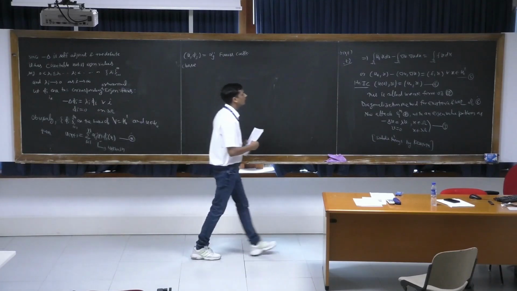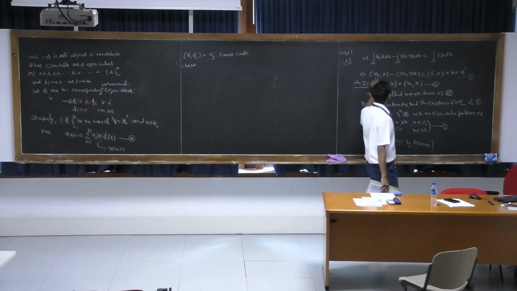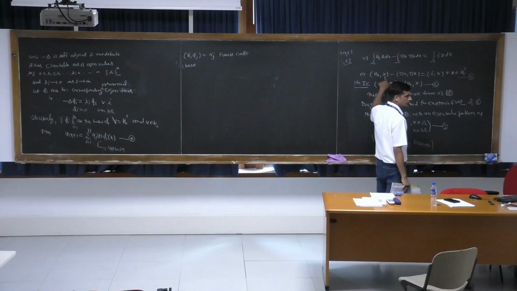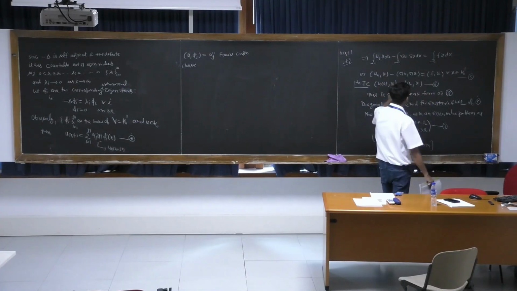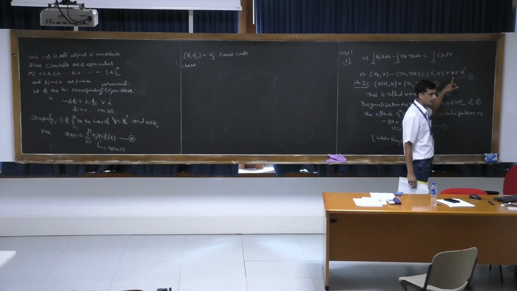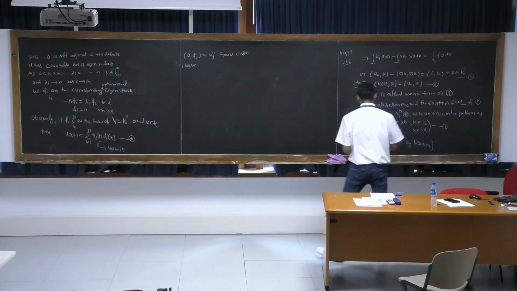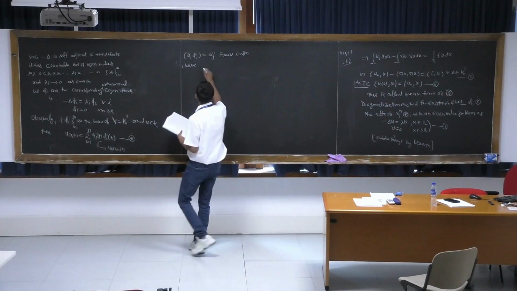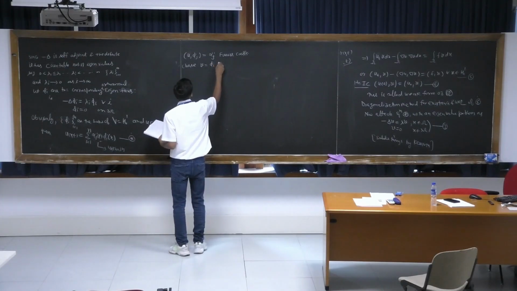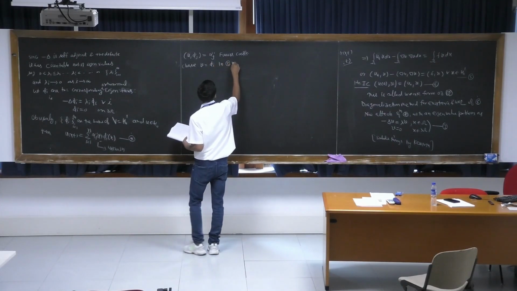Now come to our weak form here. Choose V equal to phi i, because this holds for all V belonging to H01, and the basis of H01 are phi i's. So choose V equal to phi i in 5.